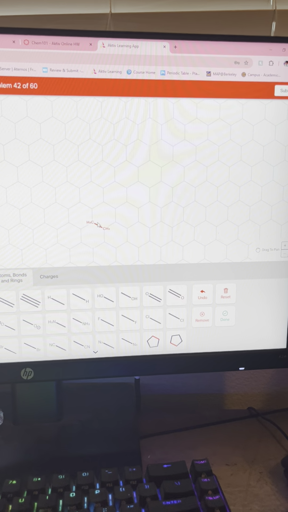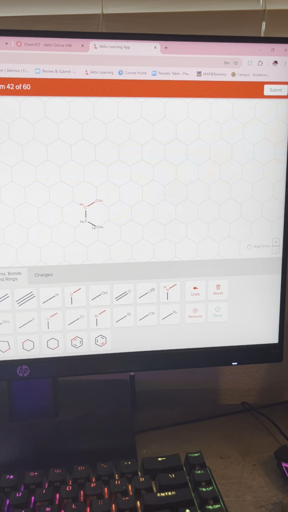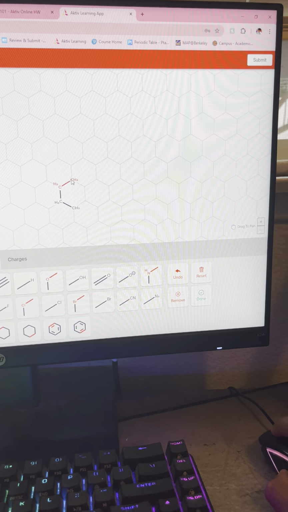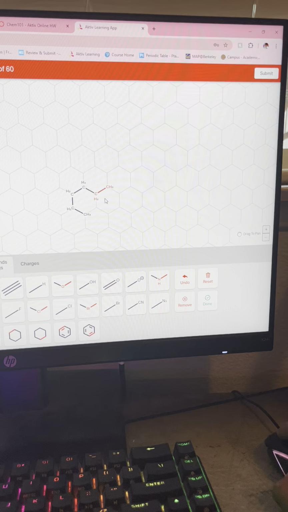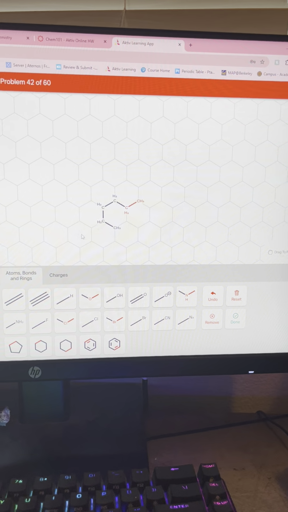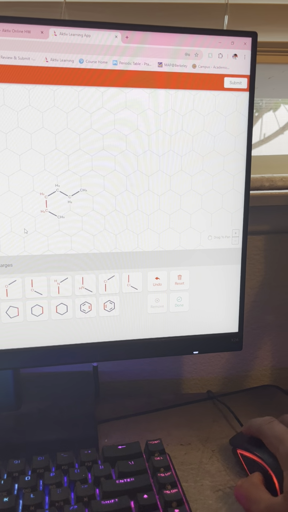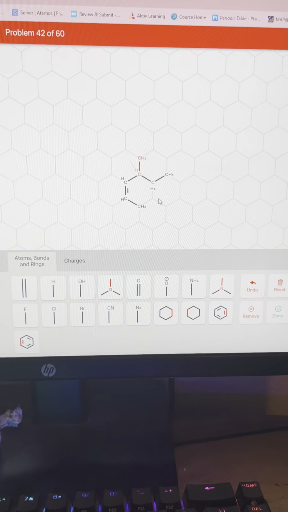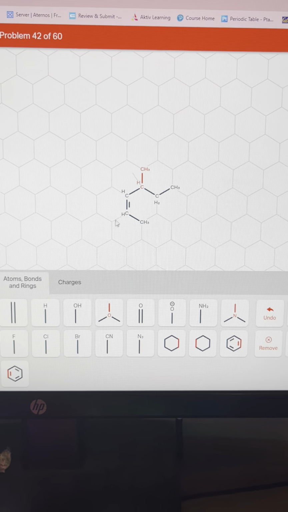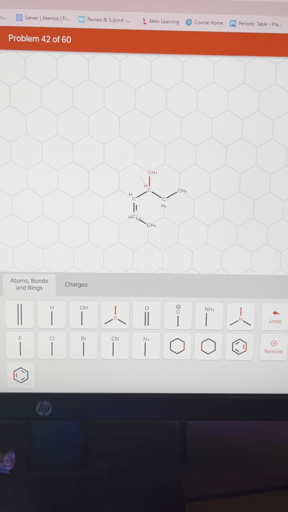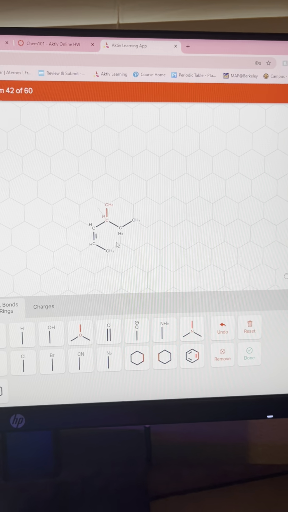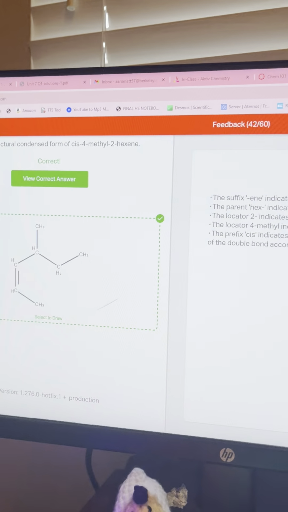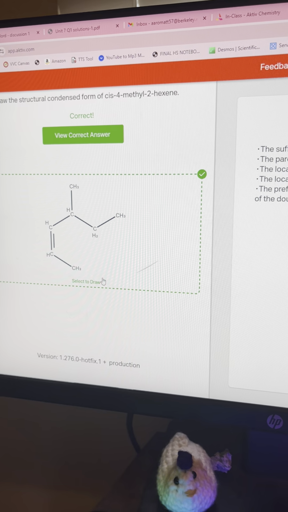So if we do it like this, 1, 2, 1, 2, 3, 4, 5, 6, like this. And then we put the double bond on 1, 2, 1, 2, 3, 4, like that. So now you see here, the hydrogens are both on top compared to the double bond. And that tells us that this is cis, and everything else is the same. So that's how you write a cis down.